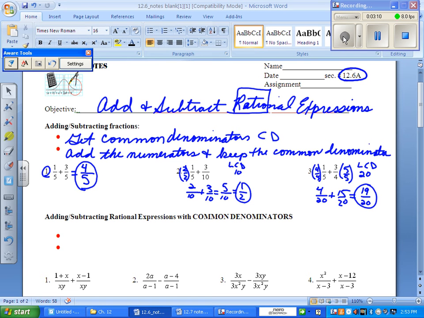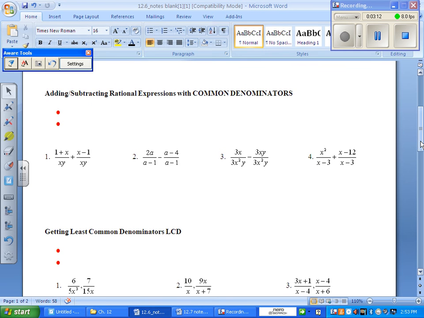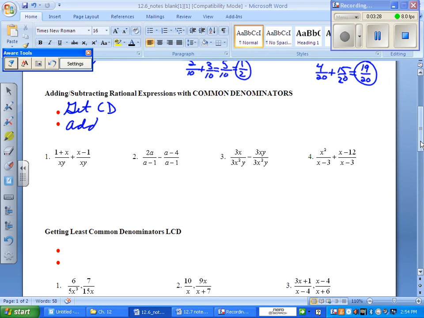Okay, now we're going to graduate to adding and subtracting rational expressions with common denominators. And the first thing you do is you get common denominators. And the second thing is you're going to add numerators over that common denominator. So add numerators and keep common denominators.